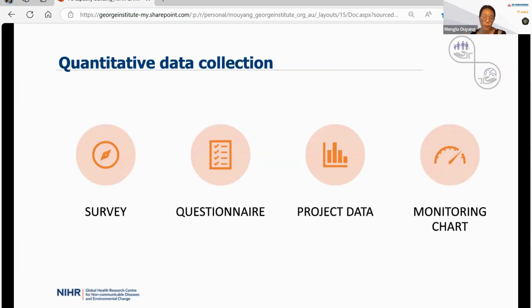And also we use some project data, for example, operational data such as the recruitment speed or the cooperation from the sites to understand what is the context and also what are the characteristics of the participants. And also sometimes we can use the monitoring chart or the case report forms that are usually collected from the main programs to supplement the findings about the process and the implementation of the intervention.